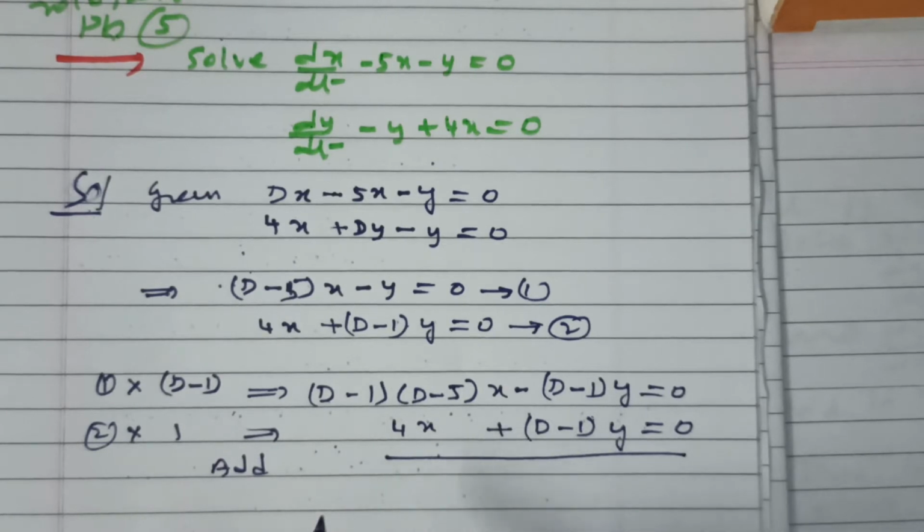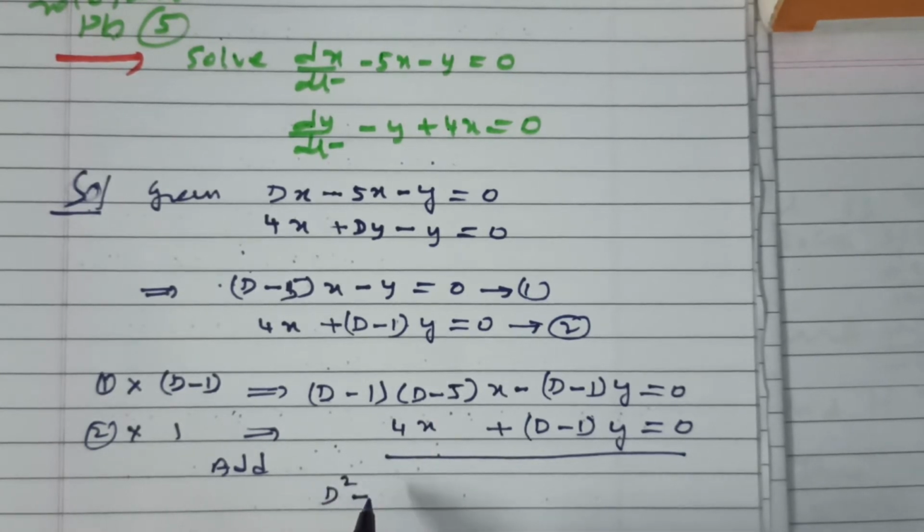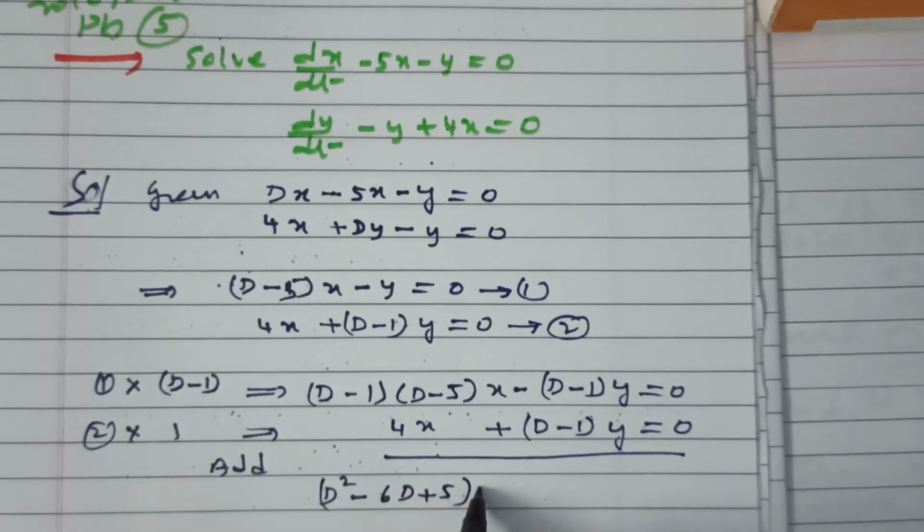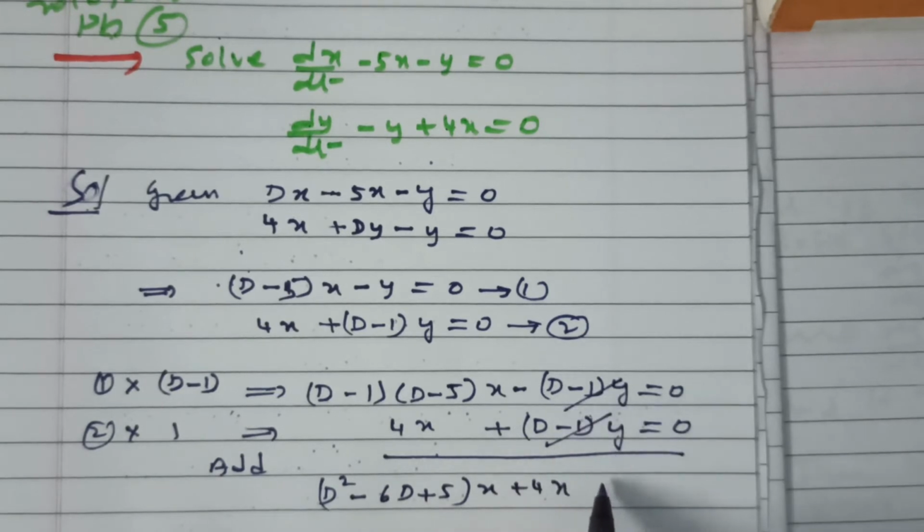So here x is common, so (D minus 1) into (D minus 5) is D square minus 6D plus 5 of x, and this is plus 4x. These two terms are to be combined, is equal to 0.